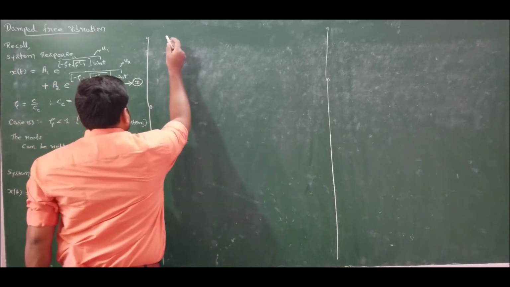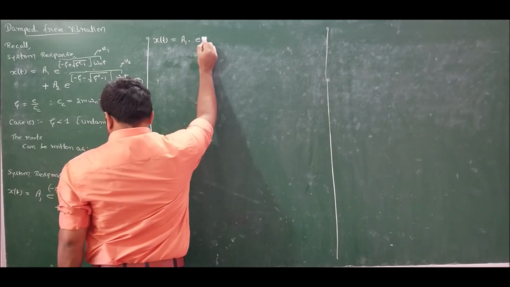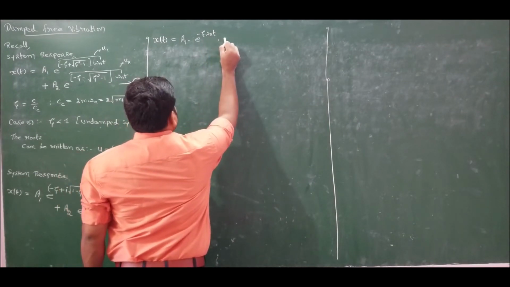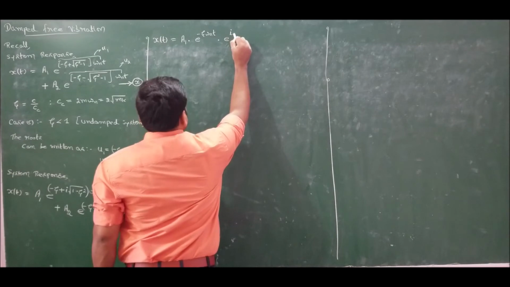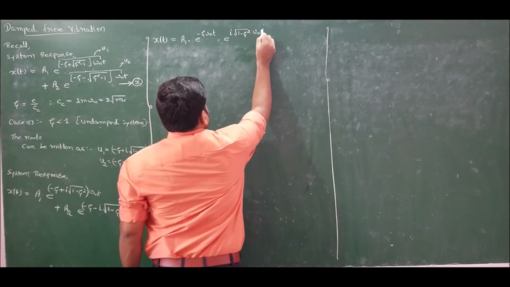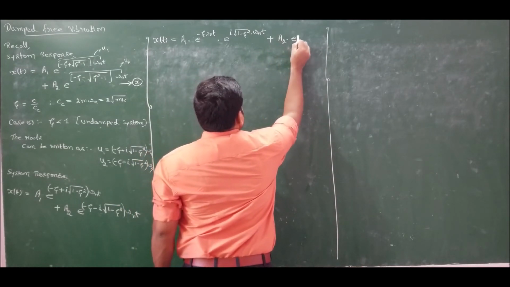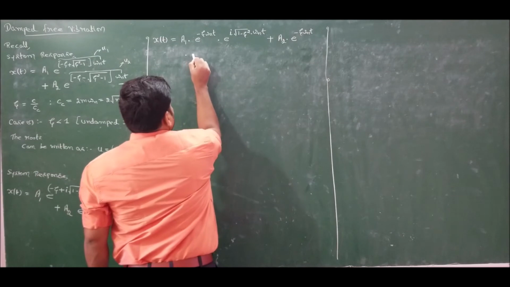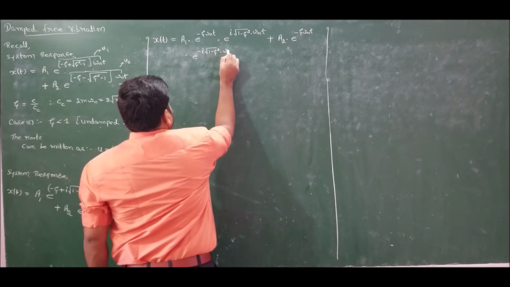What I mean to say is that x of t can be written as a1 times e to the power of minus zeta omega n t into e to the power of I times root of 1 minus zeta square omega n t, plus a2 into e to the power of minus zeta omega n t into e to the power of minus I root of 1 minus zeta square into omega n t.